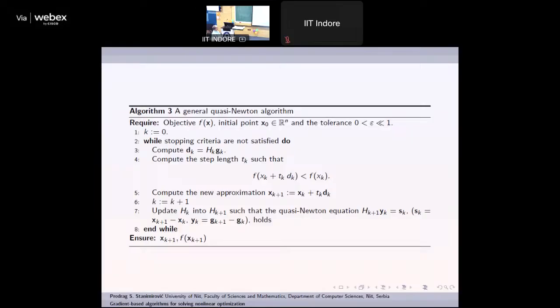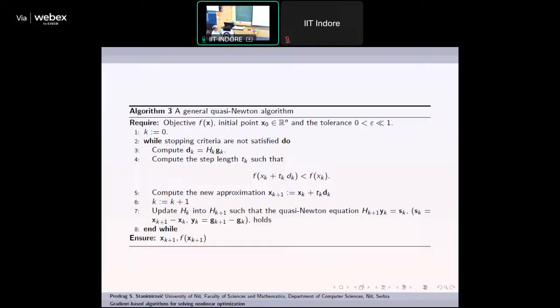Here is the general quasi-Newton algorithm. The objective function is the input, the initial point again, and again a tolerance for the stopping criterion. Start from k equals 0 at the initial point and perform a while cycle.